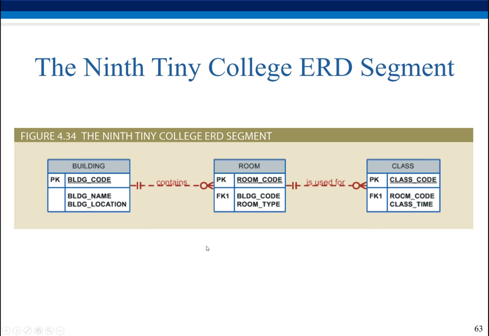So now we have a building and classrooms. Again, a room cannot exist without a building, so we have a dependent entity in here. And a class obviously needs a classroom.